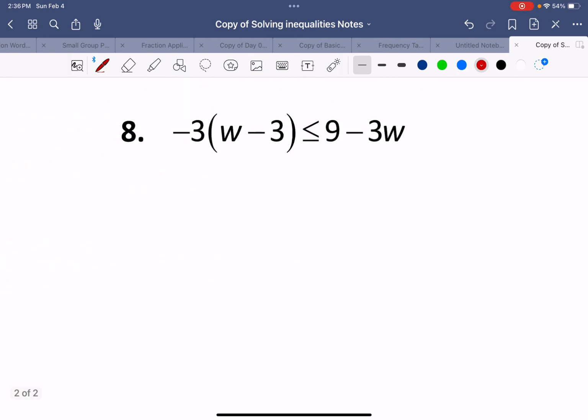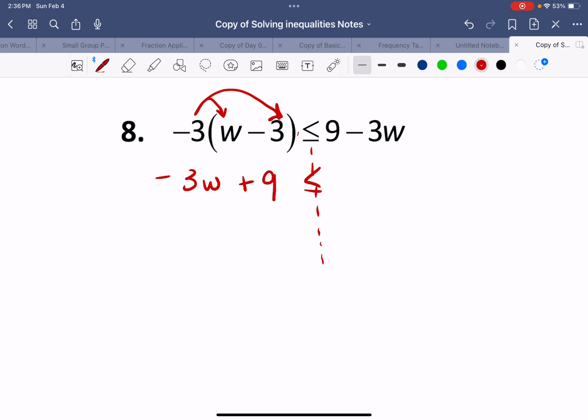All right, last problem. Lots of 3's in here, so don't let that confuse you. If you need to do what I do, where I draw my little lines to show where I'm distributing, please do. It's okay. All right, so we're going to distribute this side right here first. And I'm going to go negative 3 times w is negative 3w. And negative 3 times negative 3 is positive 9.